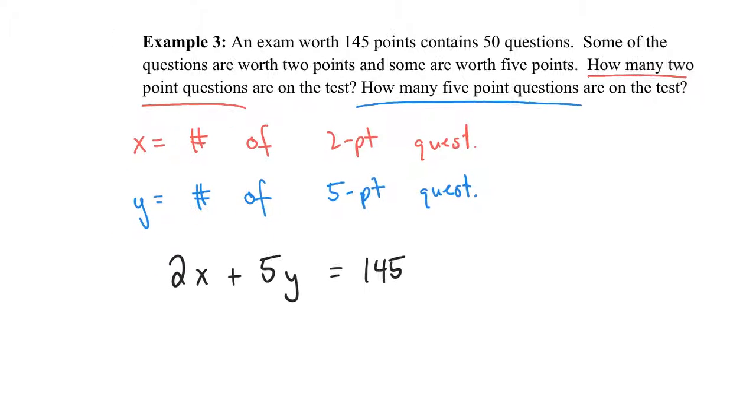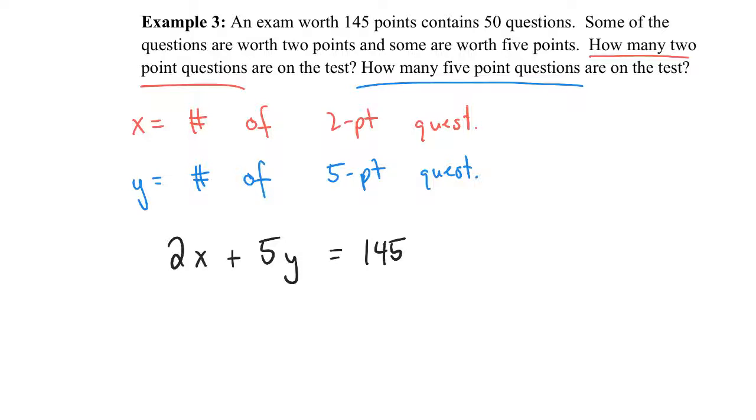I can check that with my dimensions if I write them. It's 2, the units are points per question, so this is in points per question times the number of questions. I said problem, I should say question, same thing.